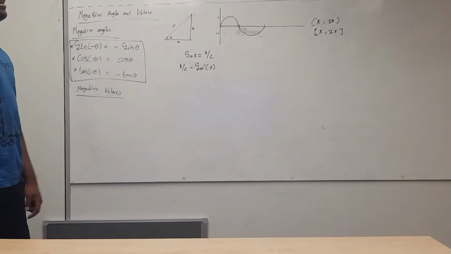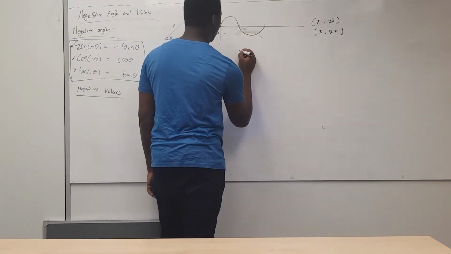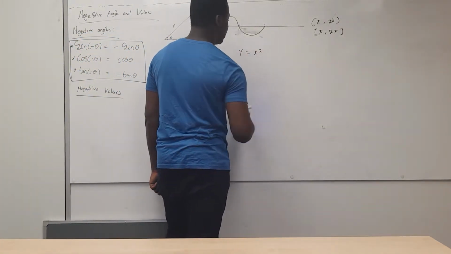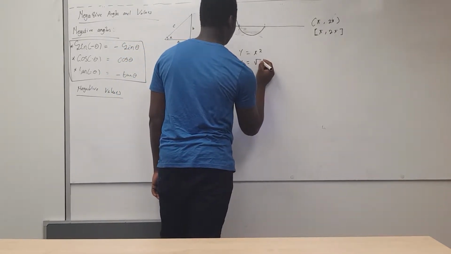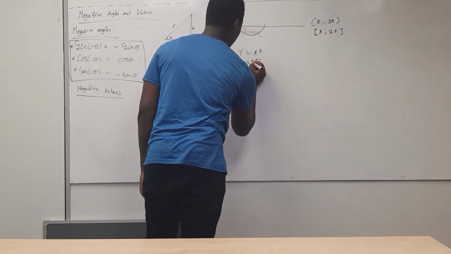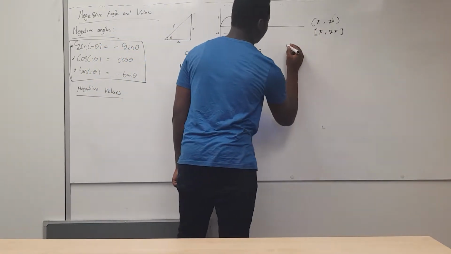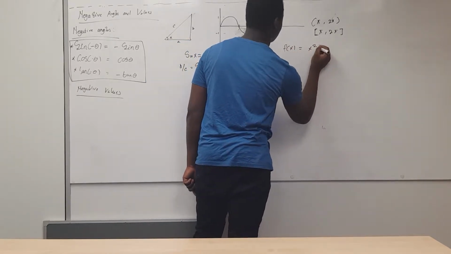Just like when you have, let's say, y equal x squared. If you solve for x, you have x equal to plus or minus the square root of y. Normally we can say f of x equal to x squared.